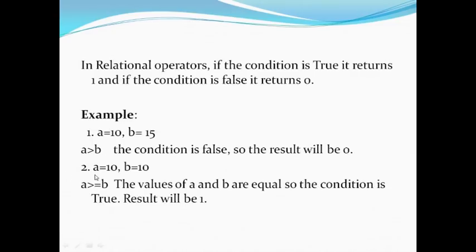Now take the other example where the value of A is 10 and the value of B is 10. The relational operator which we take is A greater than or equal to B. That is 10 greater than or equal to 10. Here the value of 10 is not greater than 10, but the value of 10 is equal to 10. So the condition is true, so it will return the result as 1.